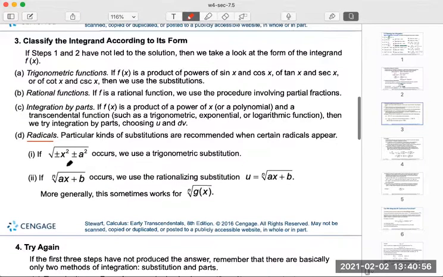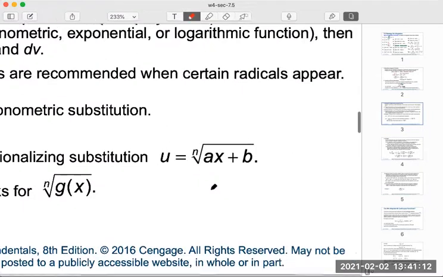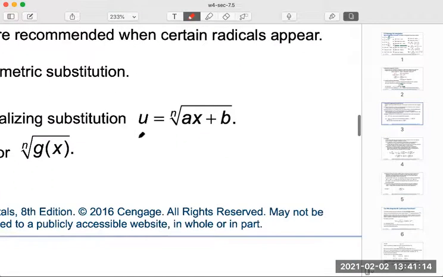Sometimes the radical sign looks more ugly. Then we may define u to be the whole thing here, right? So if we define u to be the nth root of ax plus b, what is the relation between u and x?